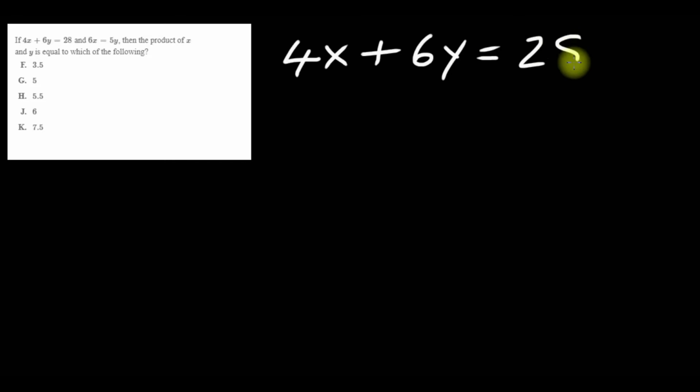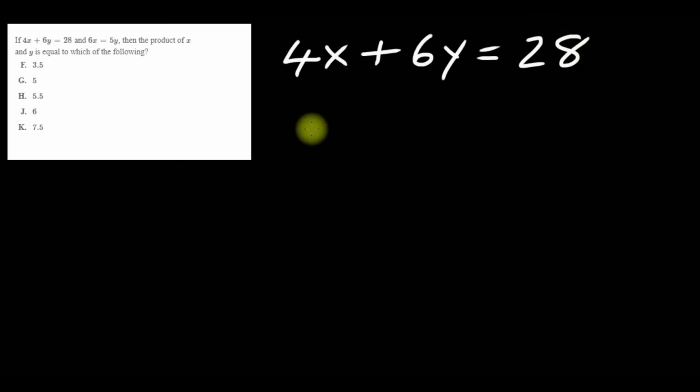Okay, so here we have two equations and two unknowns. So we should be able to find out what x is, find out what y is, and then come up with the product. Here we have 4x plus 6y is 28.